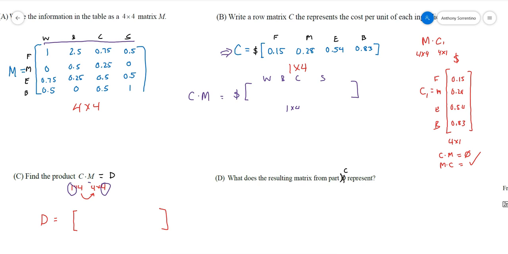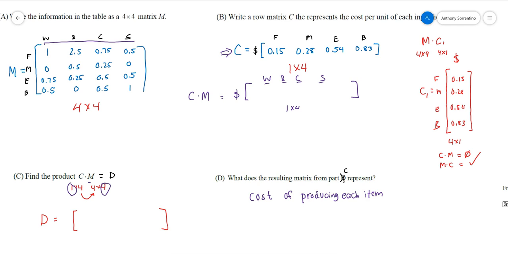What I have here is the bakery items, the white cake, the bread, the coffee cake, the sugar cookies, and I have the dollar amount. So basically it's going to be the cost of producing each item. I don't know what those amounts are yet, but that is what I'm going to get from this.